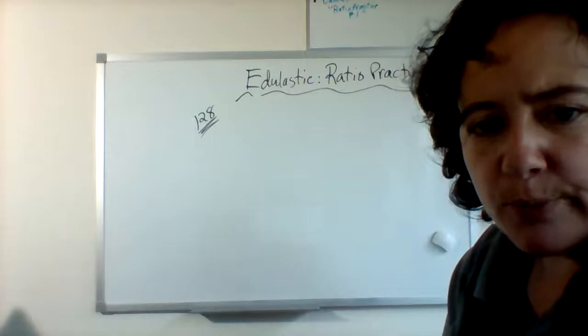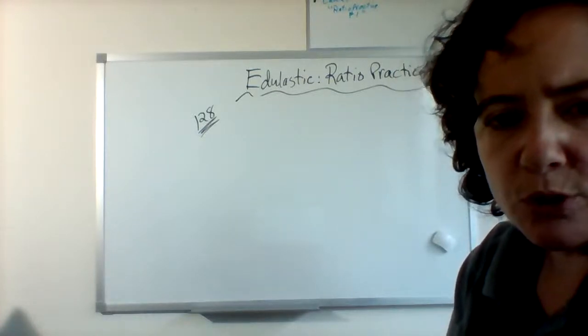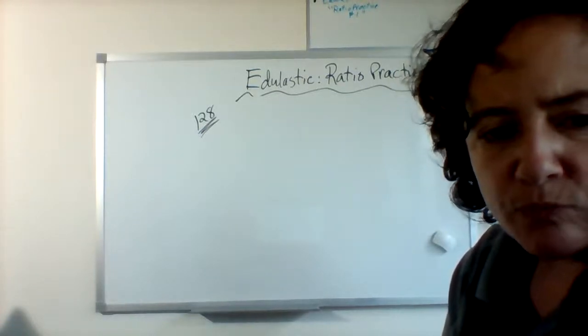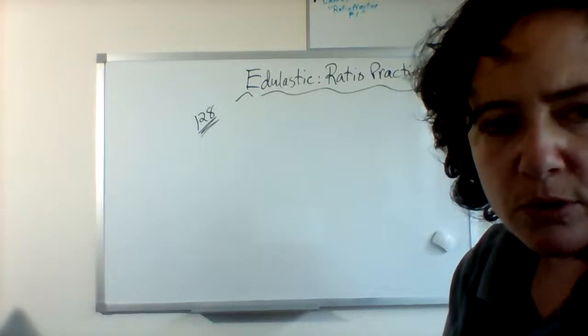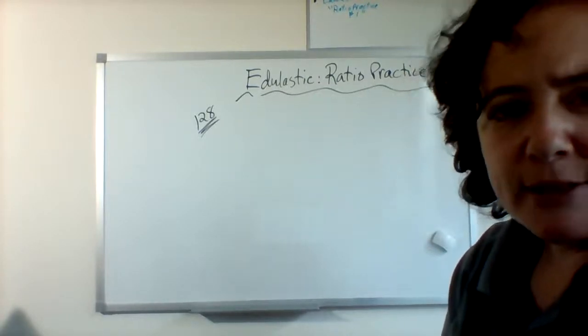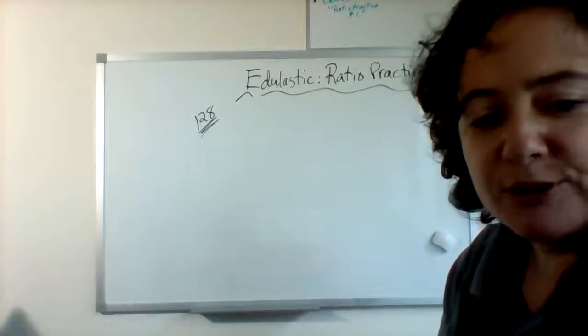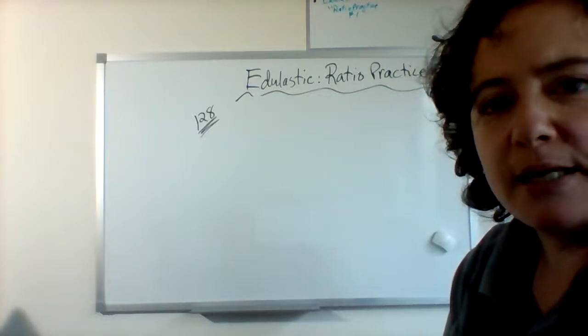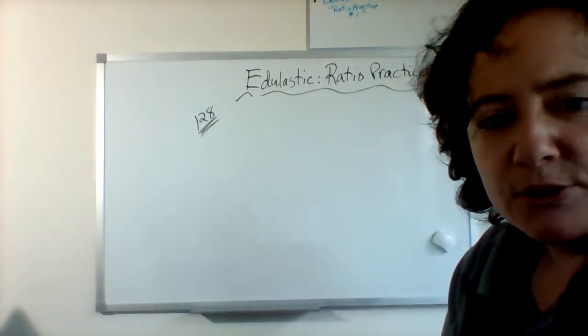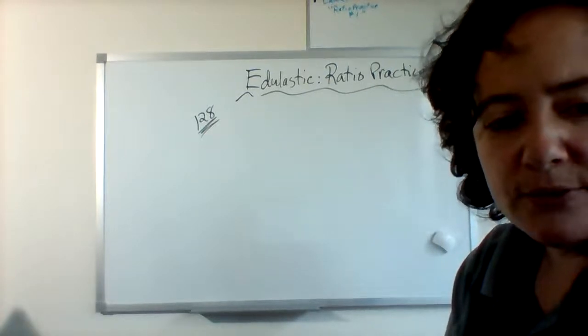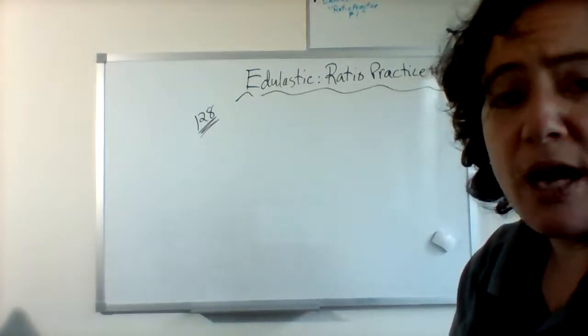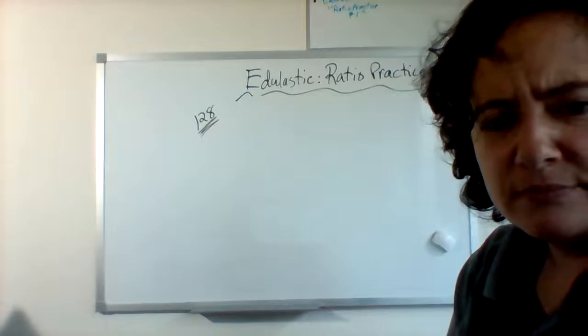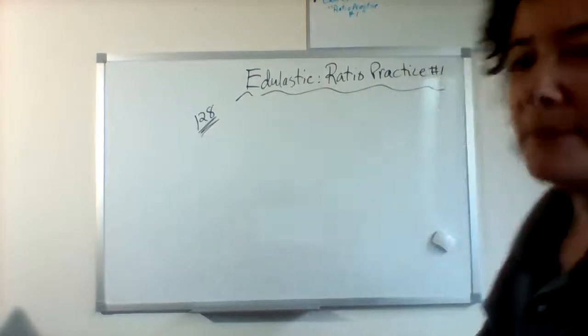The girls have the extra box, so it's got to be more than 120, right? I guess I shouldn't have said that, because the only one that's more than 120 is letter D. That's kind of silly, right? So without even doing any math, you got it. But let's do the math anyway.